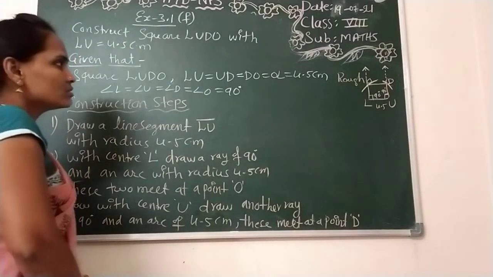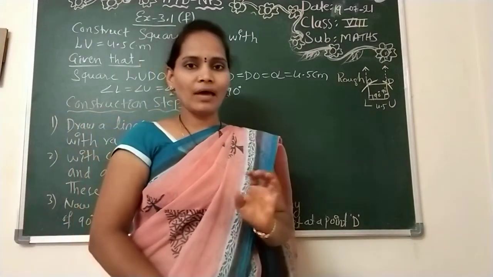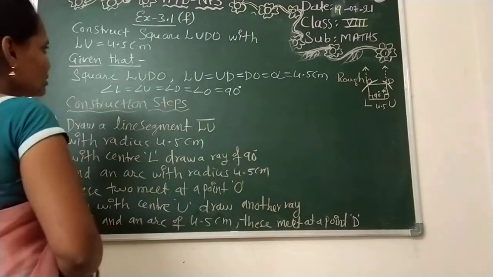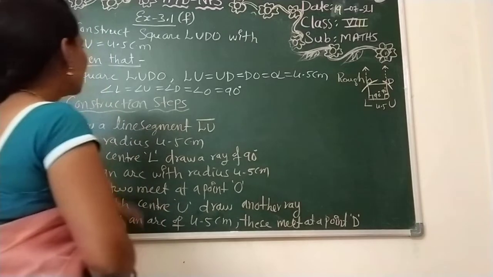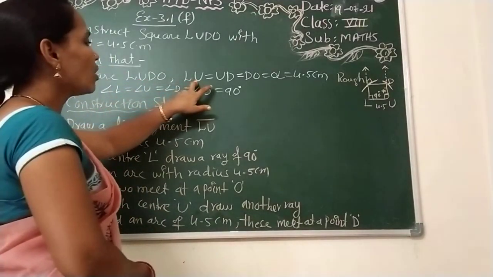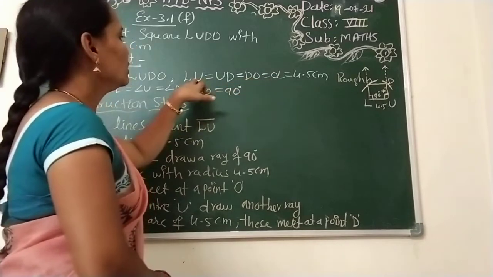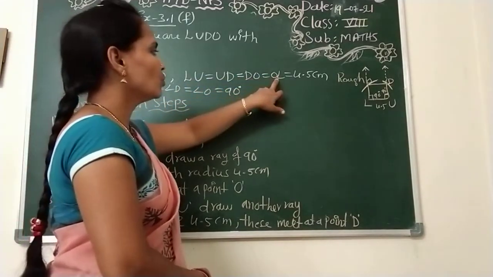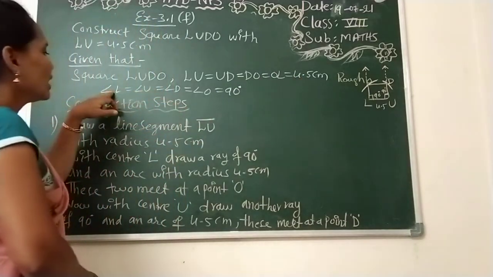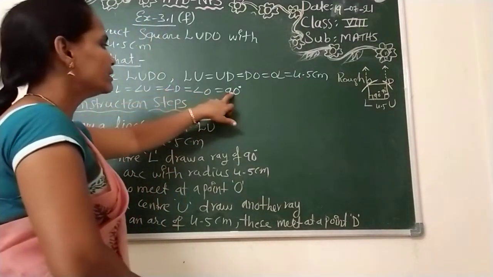And square means all four angles are 90 degrees, so those angles we can also take as 90. Given the square LUDO, I took all four sides: LU, UD, DO, OL. These all four sides are the same length, 4.5 centimeters, and all four angles are 90 degrees.